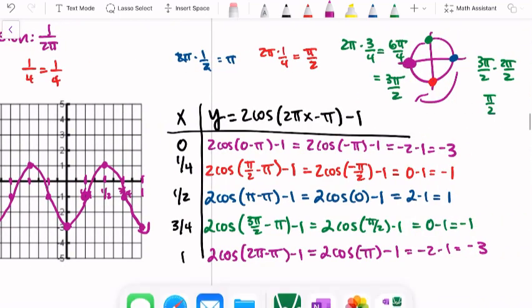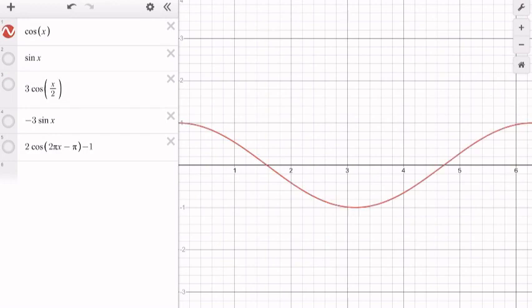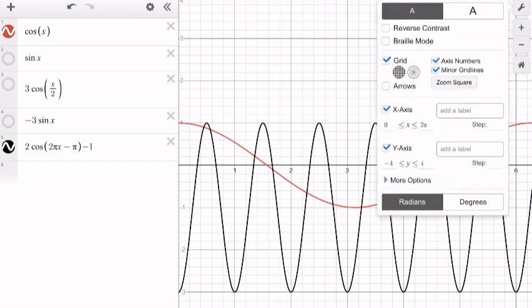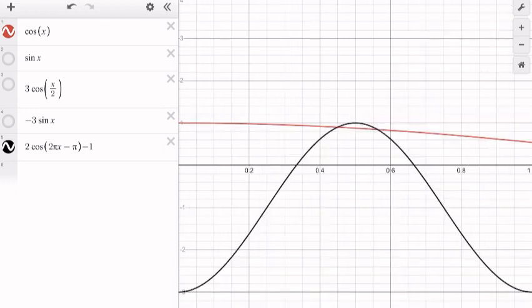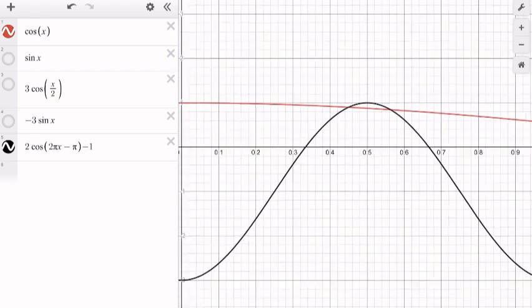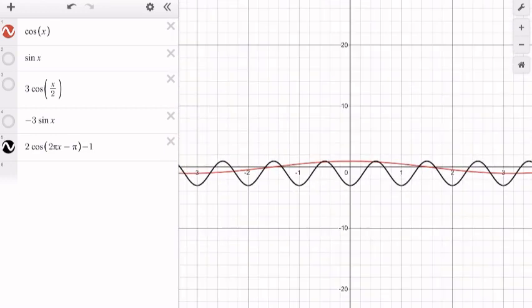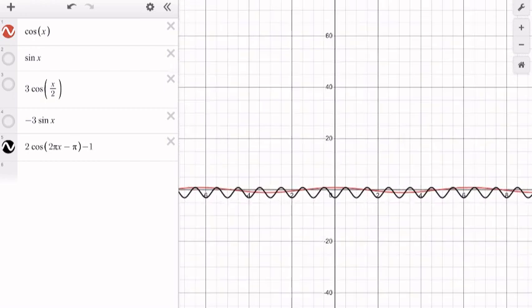Finally, let's go ahead and look at Desmos. We're comparing this to the original cosine graph, and then here is this. Our period was 1, so let's just make this go to 1. Okay, so this is what it looks like. We've done a lot of stuff to our normal graph. We had this on the graph that we made, but this is what it looks like in comparison to our normal cosine.